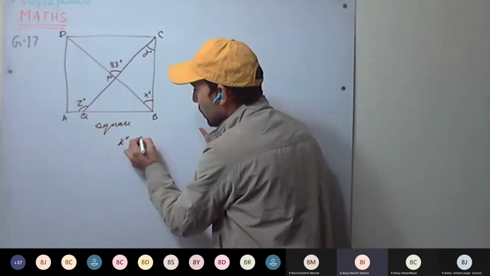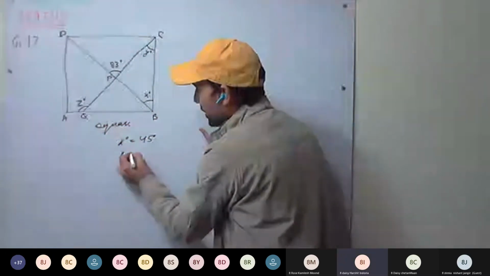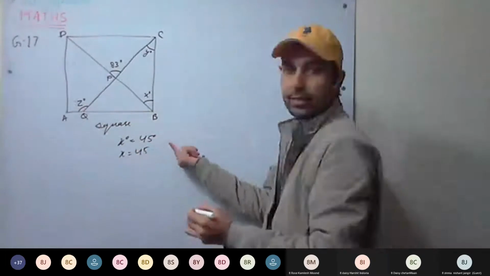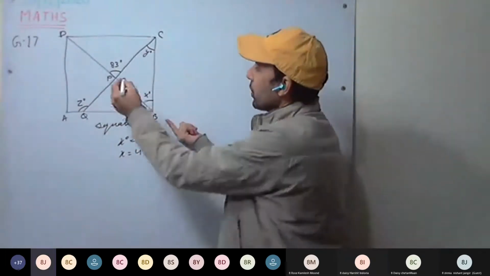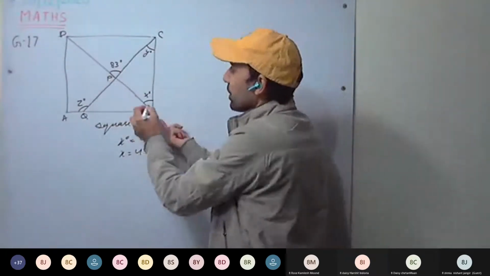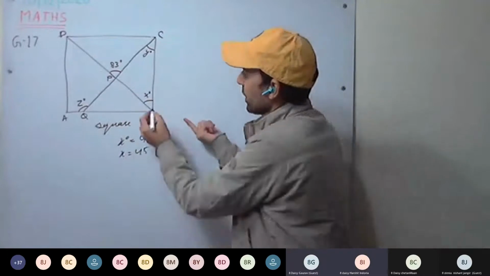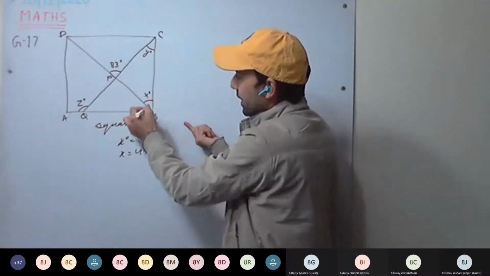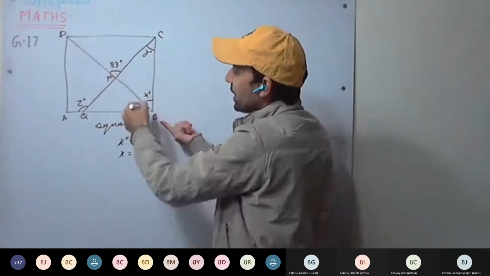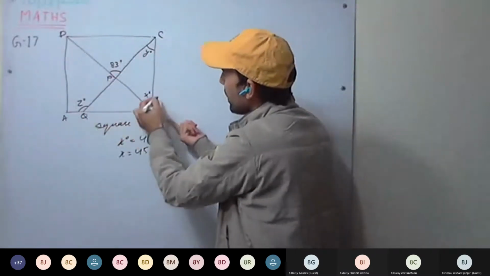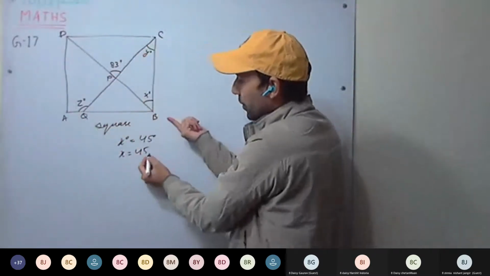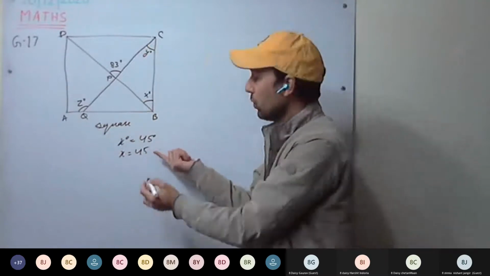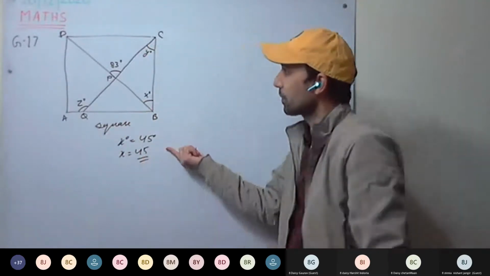X degree equal to 45 degree. What is the reason behind it? Because diagonals bisect the angles. See here, angle ABC is 90 degrees and BD is the diagonal. The diagonal bisects the angle ABC. Therefore, X degree equal to 45 degree. This is clear.